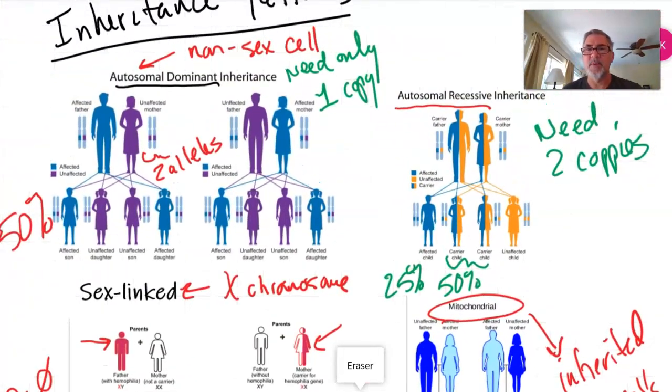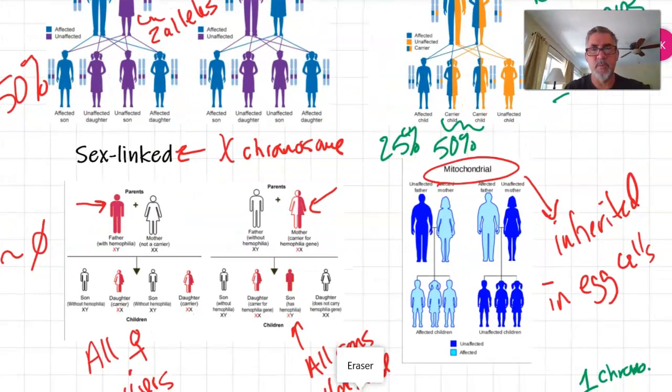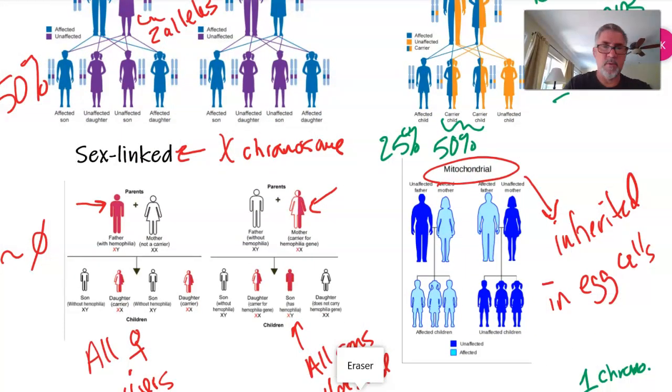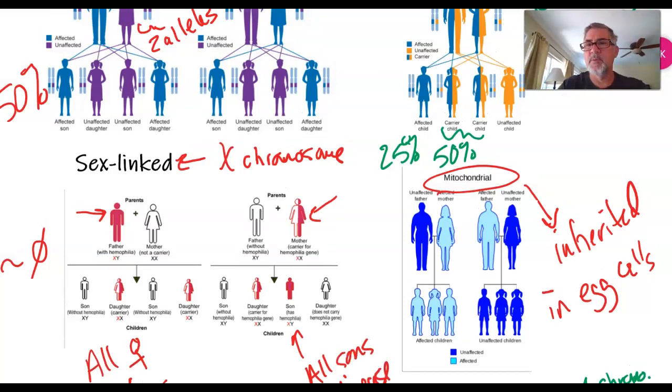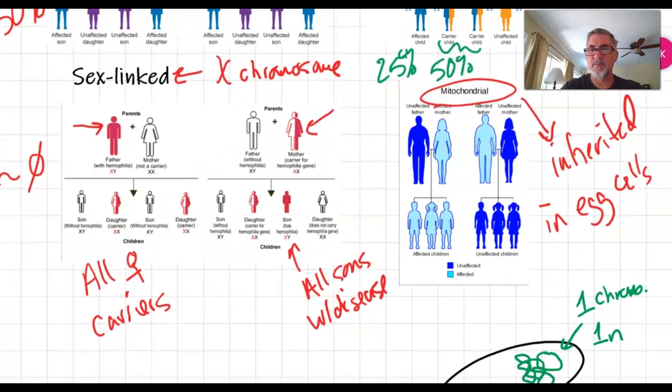It's unlike up here, where all of these situations up top, with people, all the people, are 2N. All right, but the mitochondria is 1N.